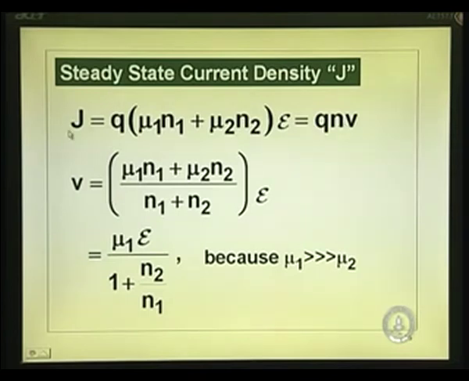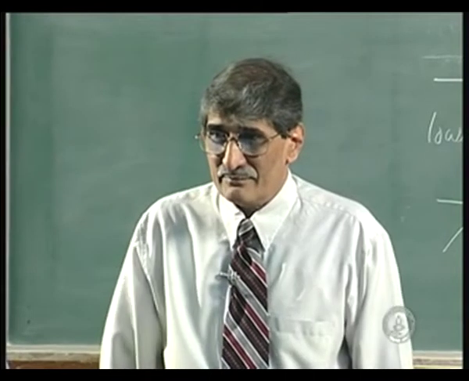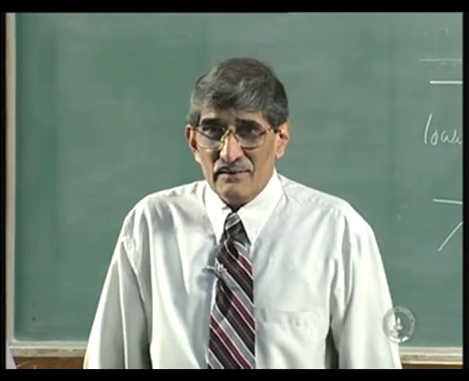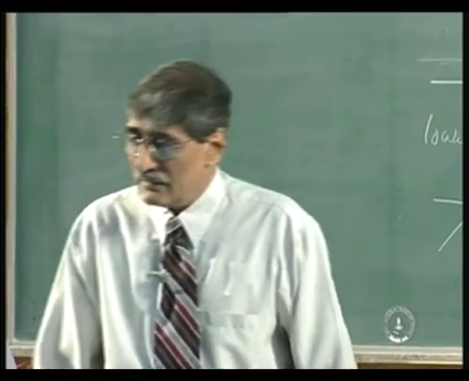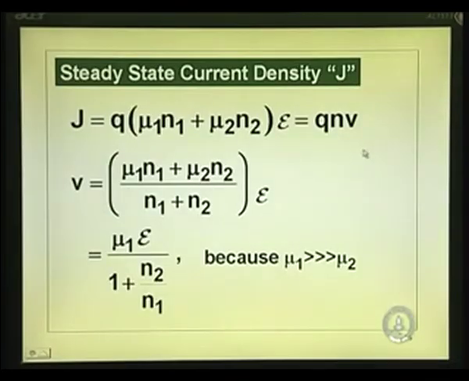So, the total current density can be put as q into the total electron concentration into the total, effective, combined velocity. All of them are moving with the same velocity. Therefore, velocity is equal to J divided by qn.